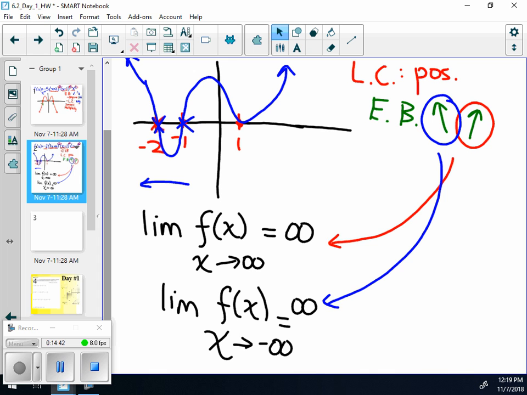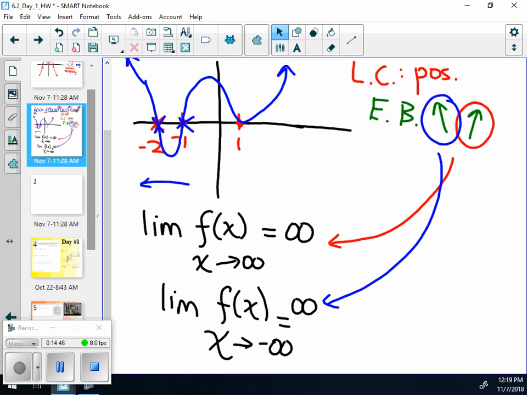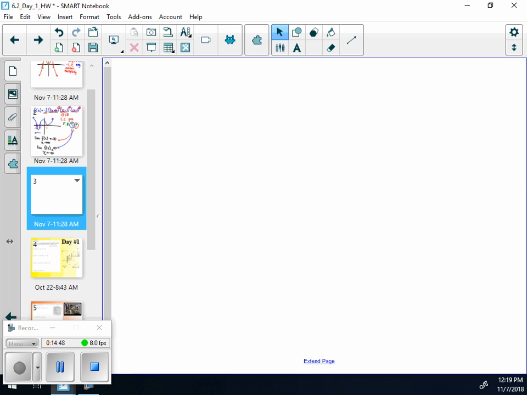All right. Another thing, kind of moving on from this, but we'll come back to it shortly. If you were to look at your Notability document from day 1 of this unit, there's a slide on there that has a picture of a cardboard box. I don't know if you happened to glance at that slide when we were doing it on day 1.